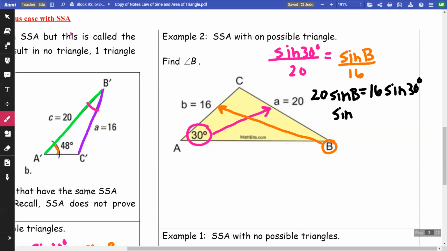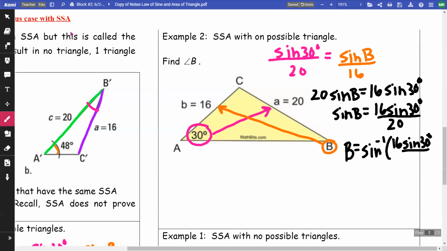So sine of B is going to be equal to 16 sine of 30 degrees over 20. Now, again, I need to find the angle, so I need to do sine inverse of 16 sine 30 over 20. I'm going to put that into my calculator.